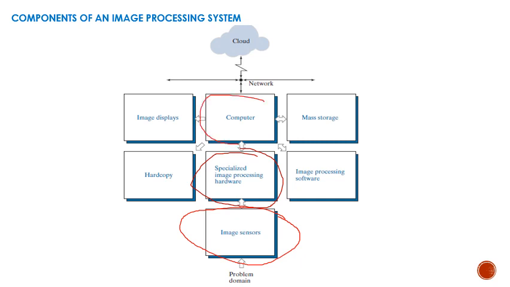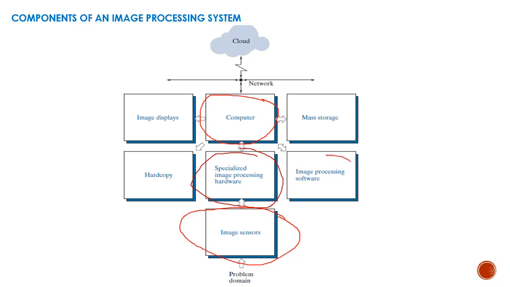Next, speaking of the computer, here we are speaking of a general purpose computer. This can range from a normal PC to a supercomputer. Depending on the application, or in a dedicated application, sometimes custom computers are used to achieve the required level of performance.